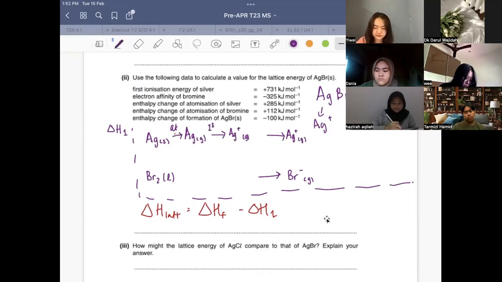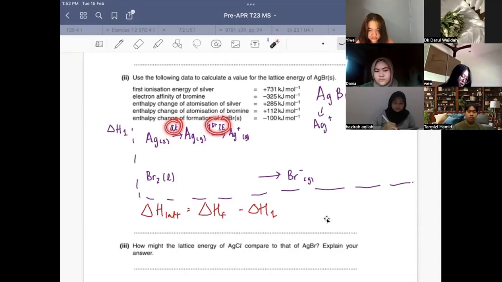Okay, so first IE. You're done, right? You've already reached your endpoint. So I will just erase that, Ag+. So whatever the number is here, you just add them all up together with your bromine, which we will look at shortly.